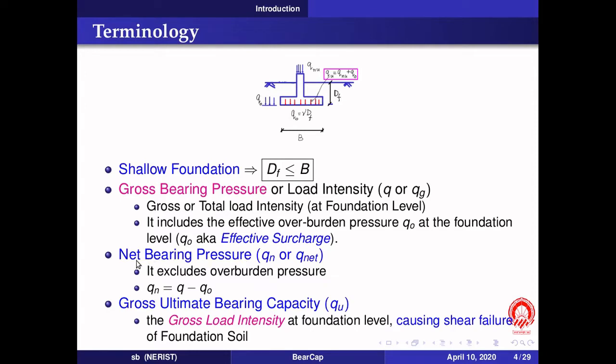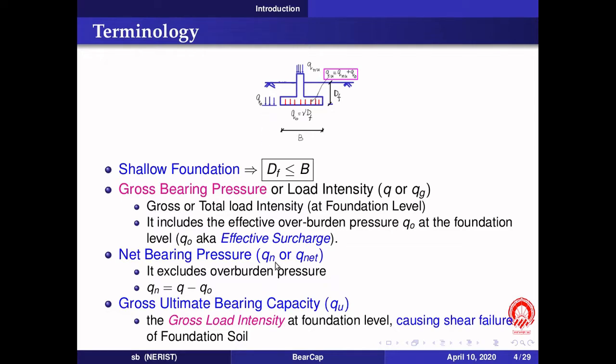Then we have the term called net bearing pressure. This net bearing pressure is the pressure that is coming only due to the structural load at the foundation level. So it excludes the effective overburden pressure or the surcharge from the gross pressure. Net pressure is given by the gross pressure minus the surcharge, which is denoted by q0 here.